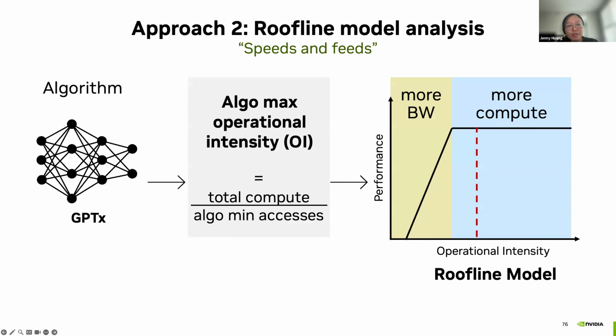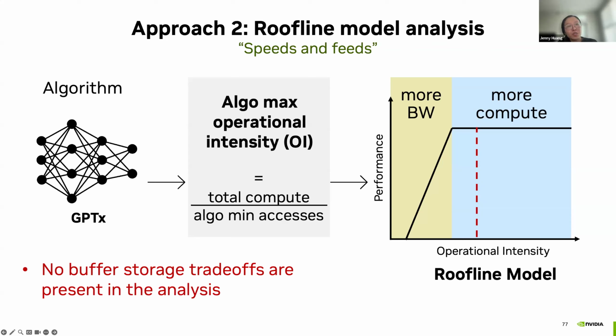By looking up the roofline performance model with this operational intensity, we can decide whether to add more compute resources or simply increase the memory bandwidth to further improve the performance. So this gives us a first pass decision on whether we need more bandwidth or more compute.